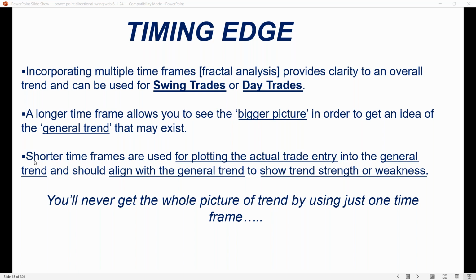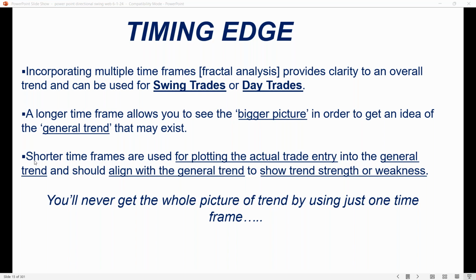So what you're looking at is a long-term time frame. This allows you to see that big picture, to get the idea of the general trend that may exist, and then the shorter, lower time frames are going to be used to plot the actual trade entry into that general trend. What we're looking to do is have the lower time frames aligned with the general trend to show either trend strength or weakness.